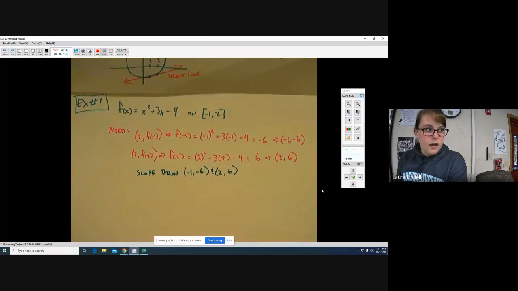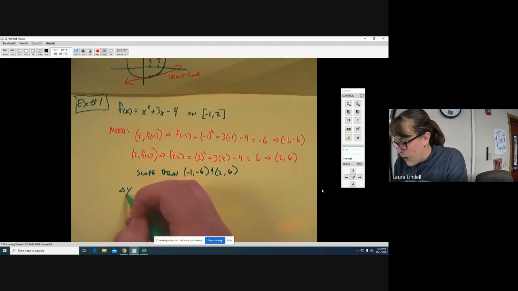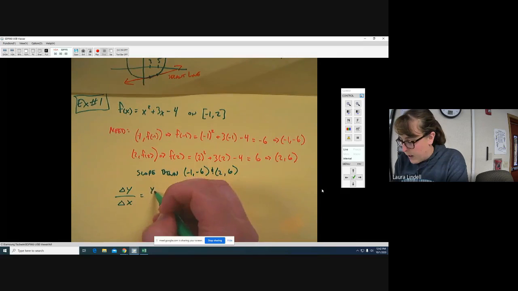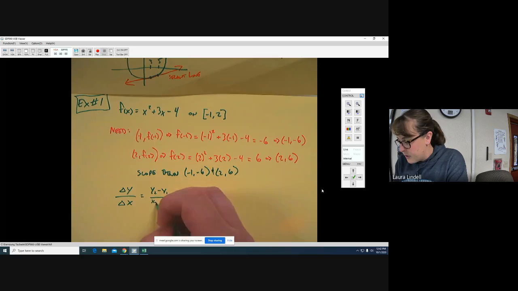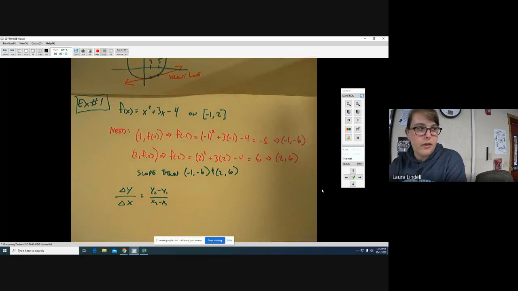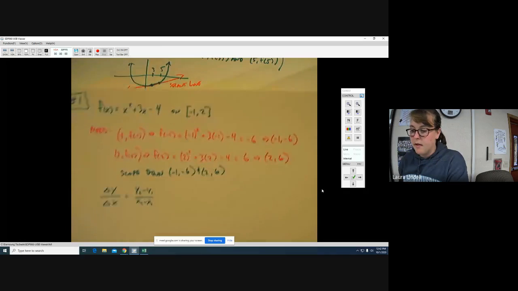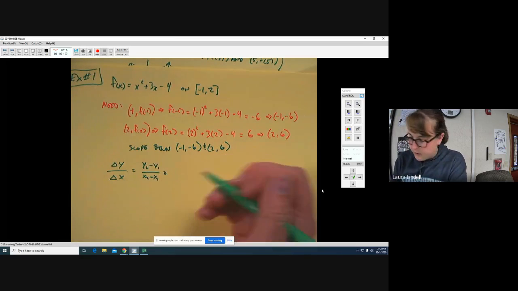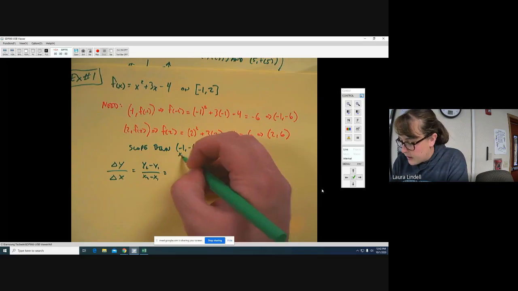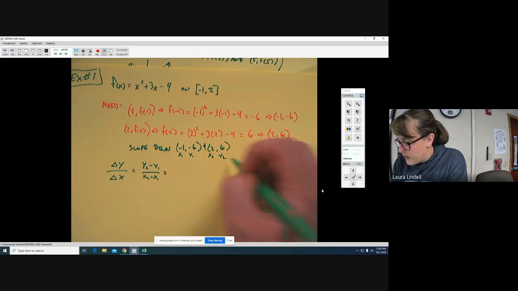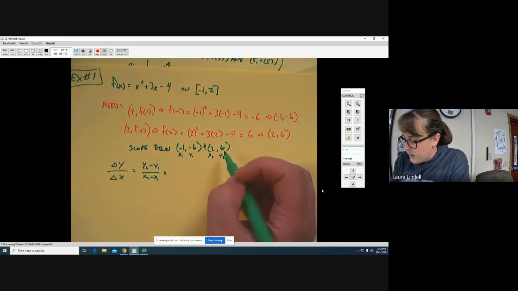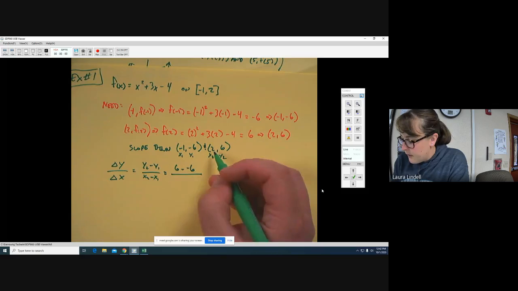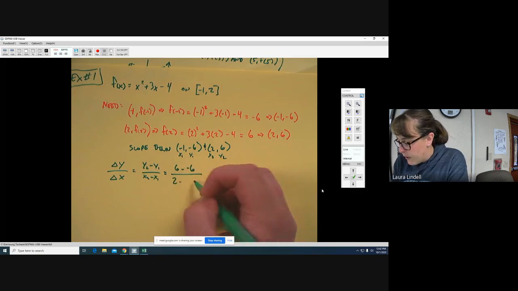All right. So slope is change in y over change in x, or y2 minus y1 over x2 minus x1, however you prefer to think of it. So in this case, if we go x1, y1, x2, y2, 6 minus -6, and then on the bottom, 2 minus -1.